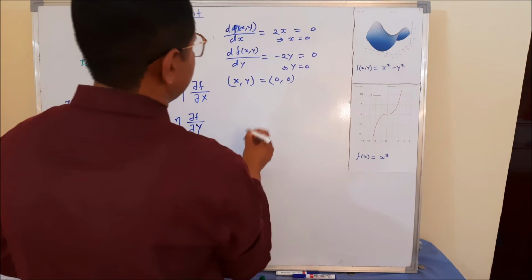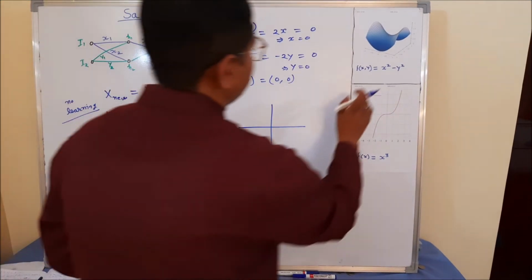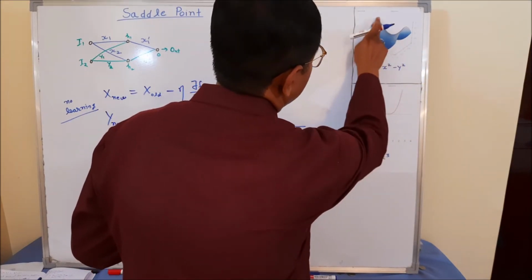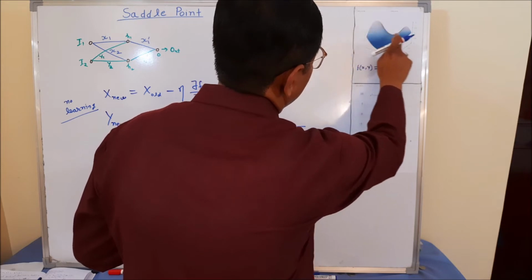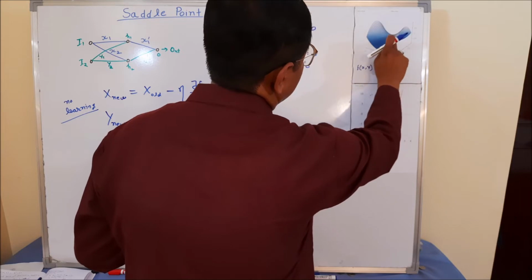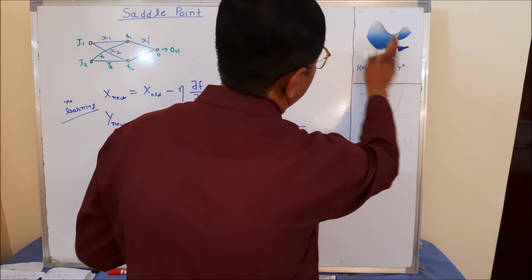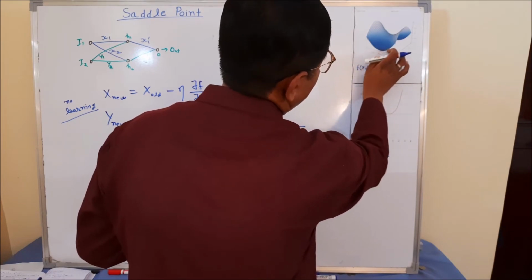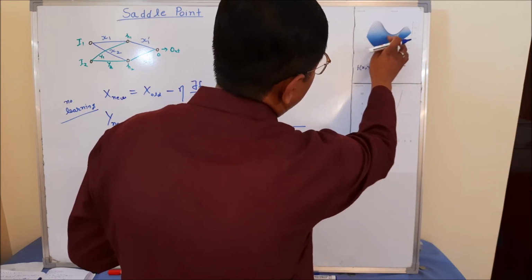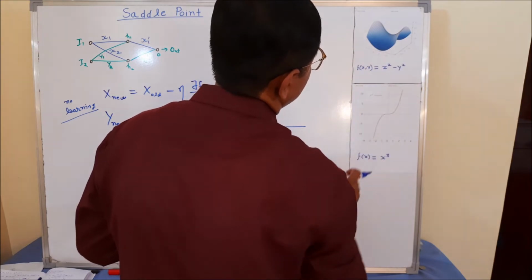In this case, let us assume some x-axis and y-axis. For one axis you can see that this point is a minima, a local minima, and if you see from another angle, you will find that it is a local maxima point.